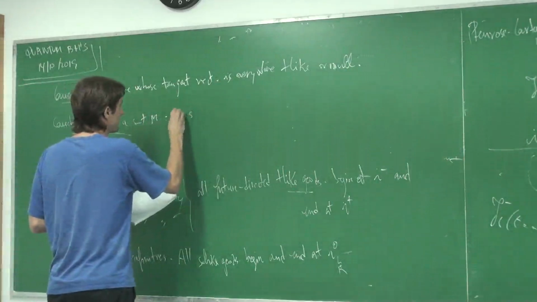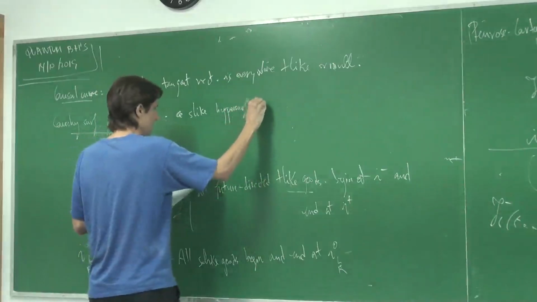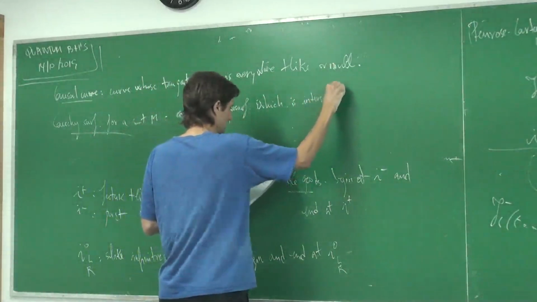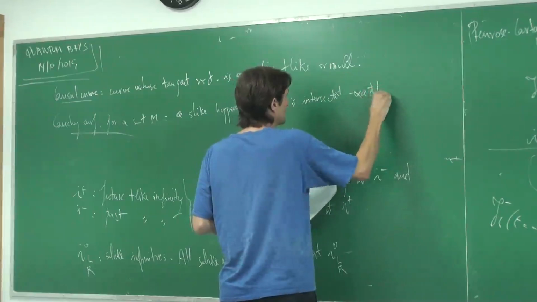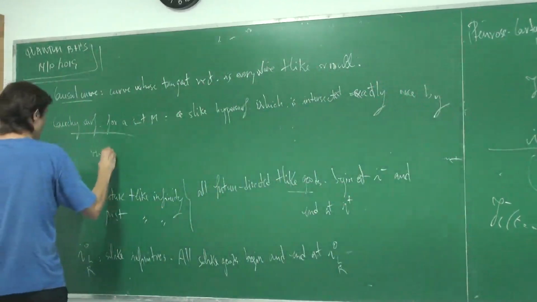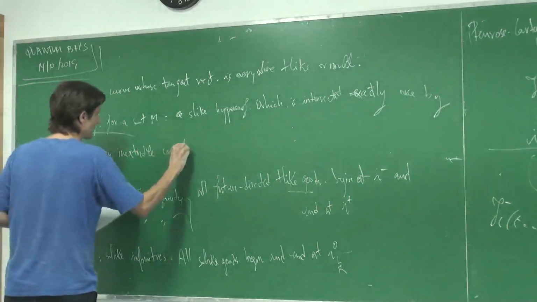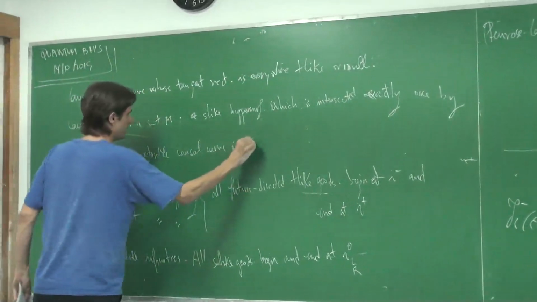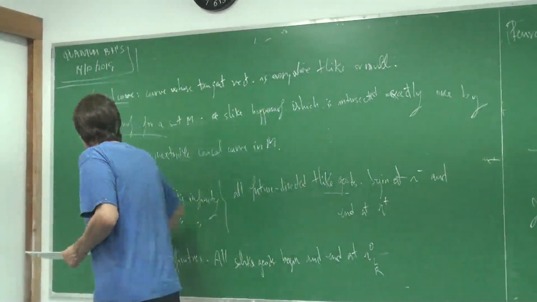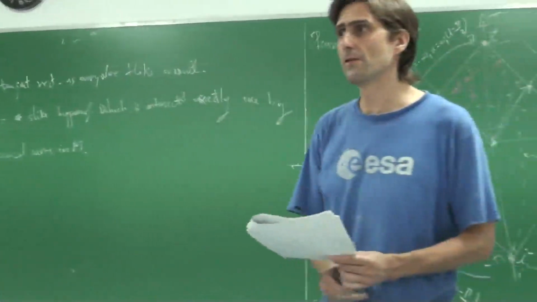is a spacelike hypersurface which is intersected exactly once by every inextendable causal curve in M. Inextendable just means that there's no future or past end point.